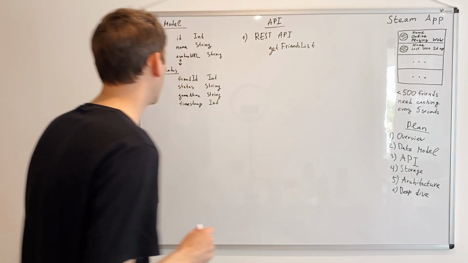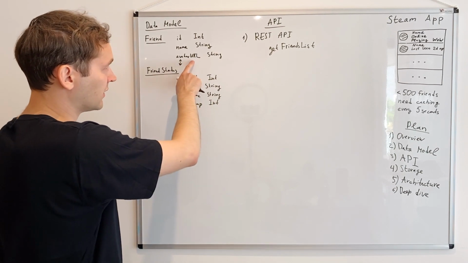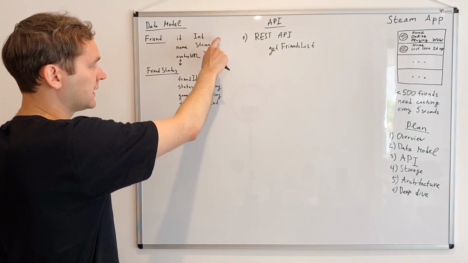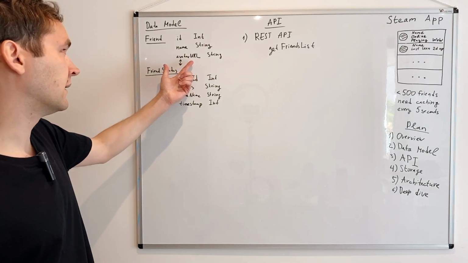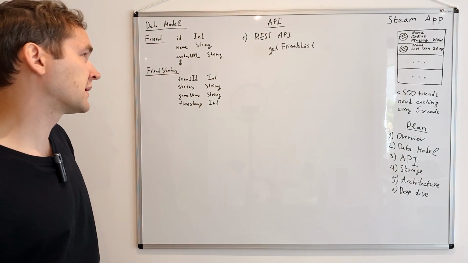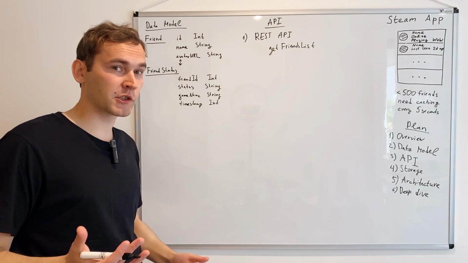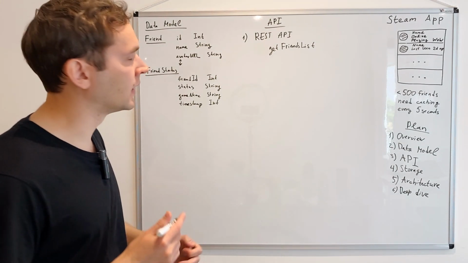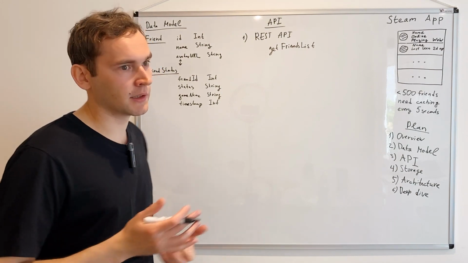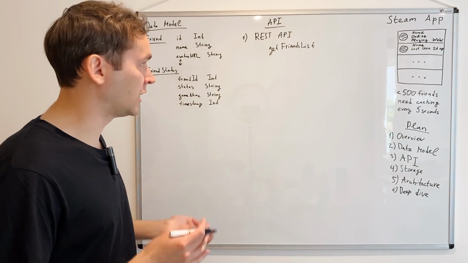And the object itself is not really heavy because we have only an int, a string and another string. We're not holding any data like an image in this object. So we can actually do this request at once, without dividing it into multiple, and it would be easier to not use pagination here.